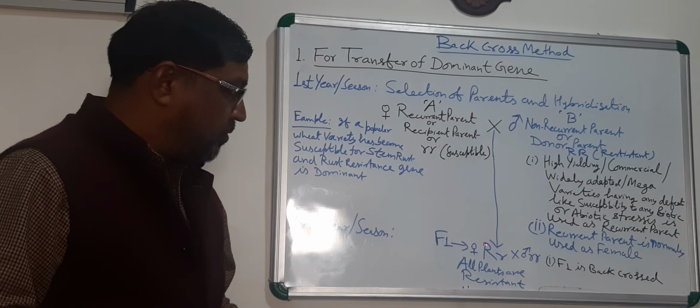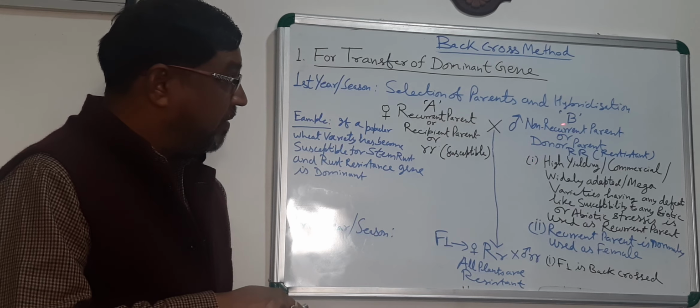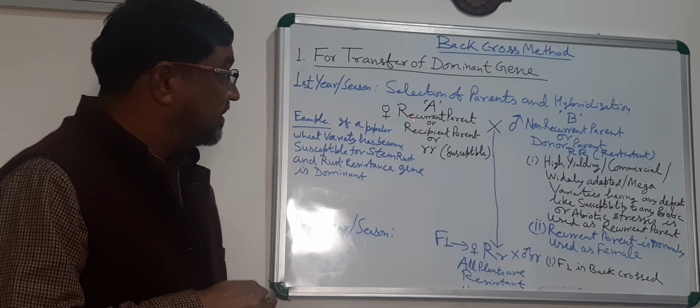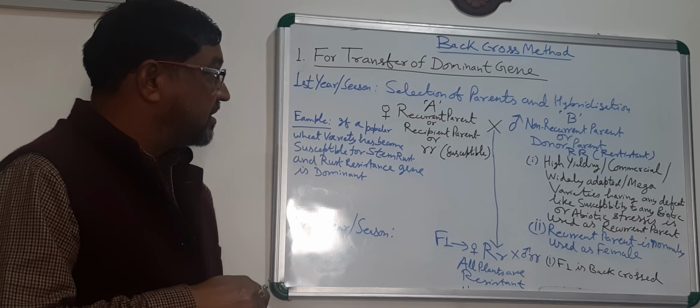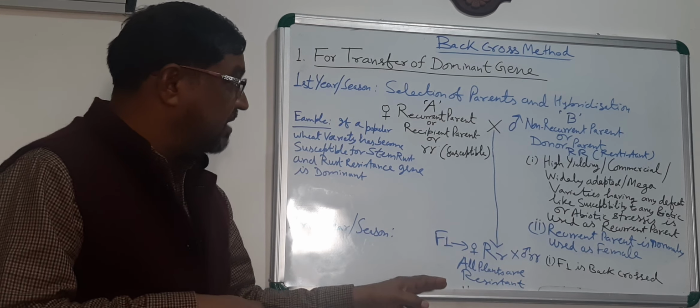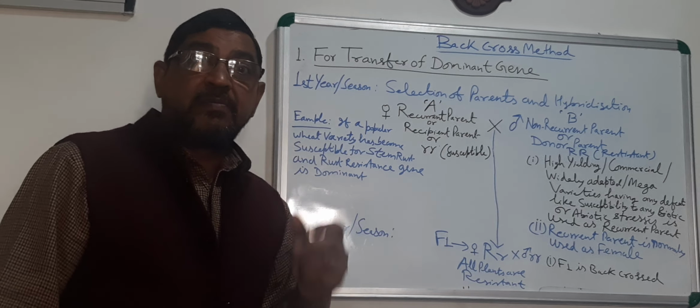But all other genes, 50% of the nuclear genes in F1 are from the donor variety, and 50% of nuclear genes as well as 100% cytoplasmic genes you have got in F1 from parent A, the recurrent parent.